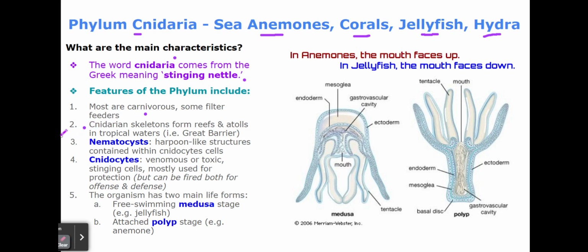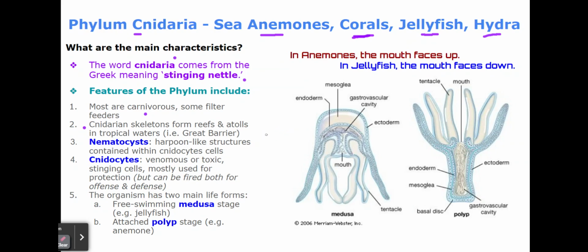Cnidarian skeletons form reefs and atoll islands in tropical waters. Corals are part of the phylum Cnidaria. The Great Barrier Reef was formed from cnidarian skeletons.